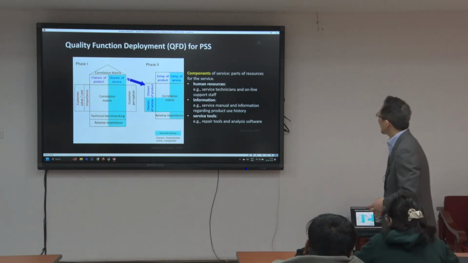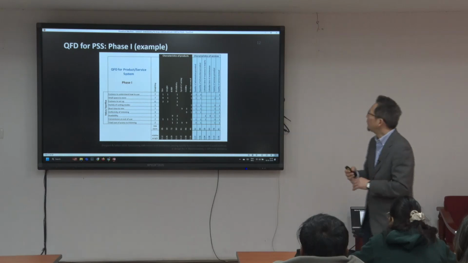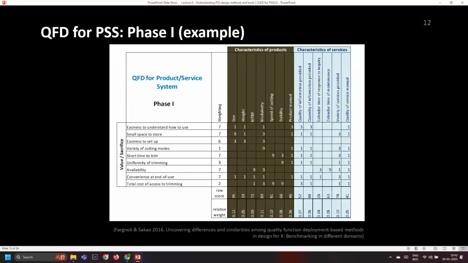Okay, good. One example of QFD for PSS phase 1 may look like this. It was used for a grass cutter and the related services.